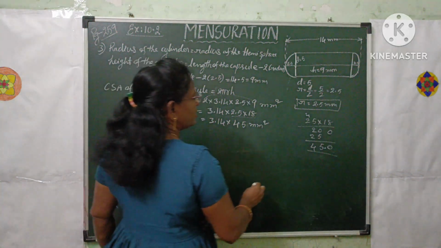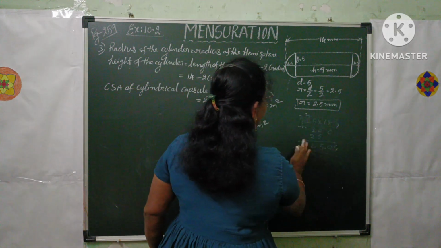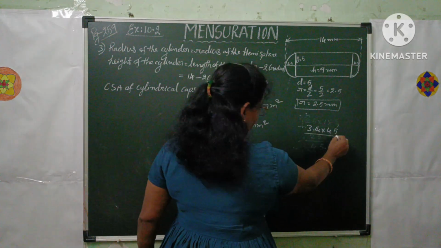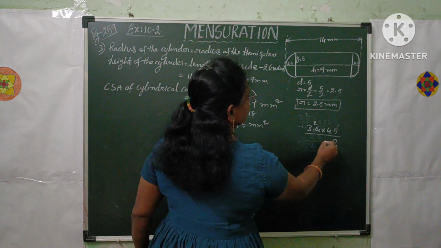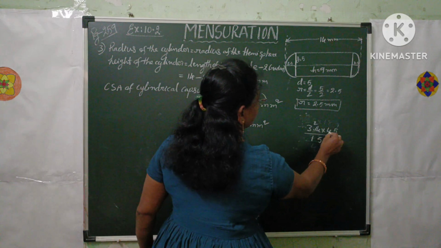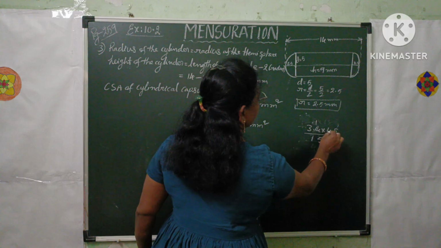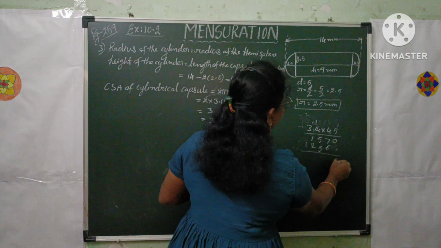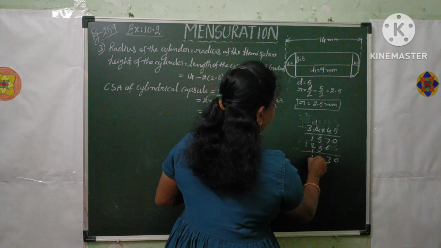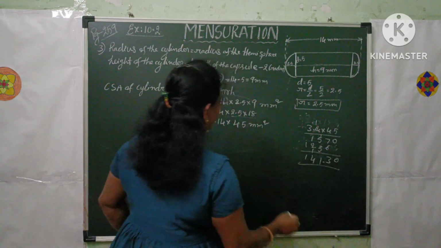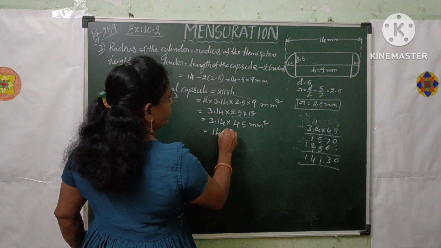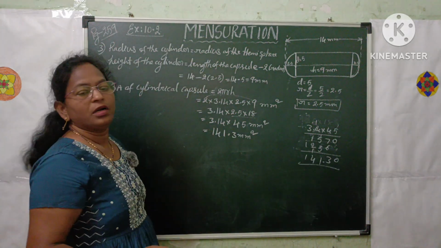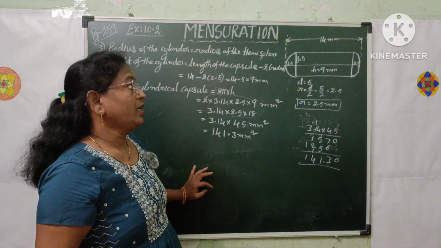Again we multiply these both. 314 into 45. So 2 digits before decimal, that is equal to 141.3 mm square. This is the surface area of the cylindrical capsule.